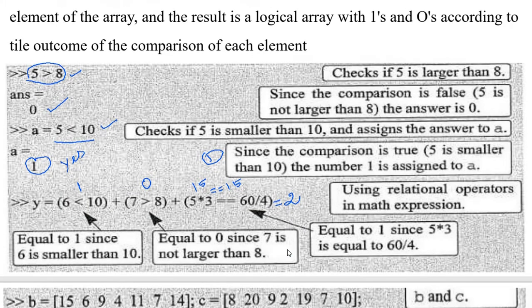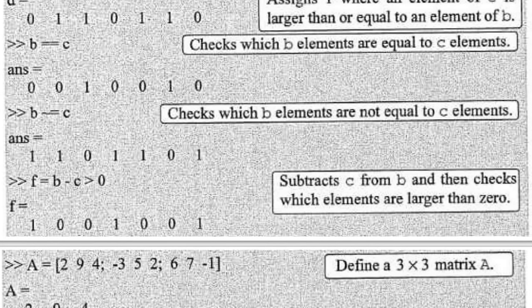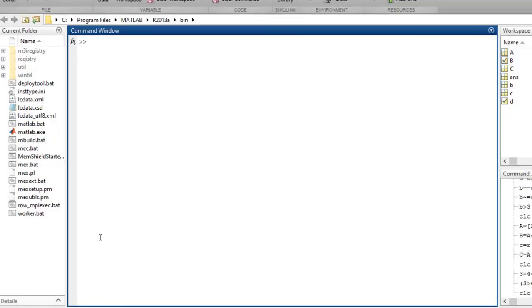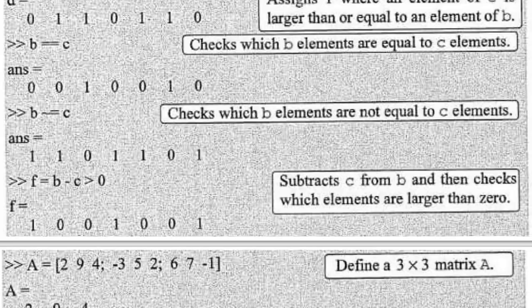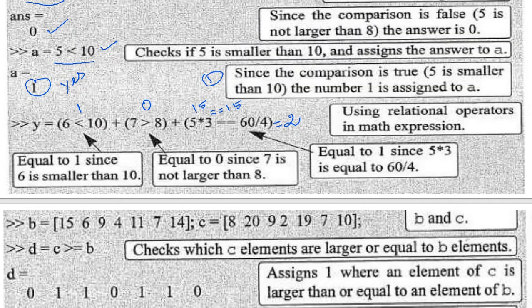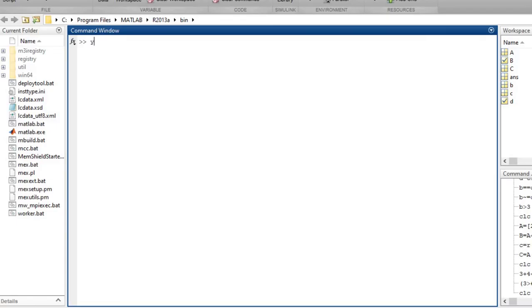Similarly, we're going to check the same value in MATLAB. What is the expression we are seeing? 6 less than 10, 7 greater than 8. y = (6 < 10) + (7 > 8) + (5 * 3 == 60 / 4).